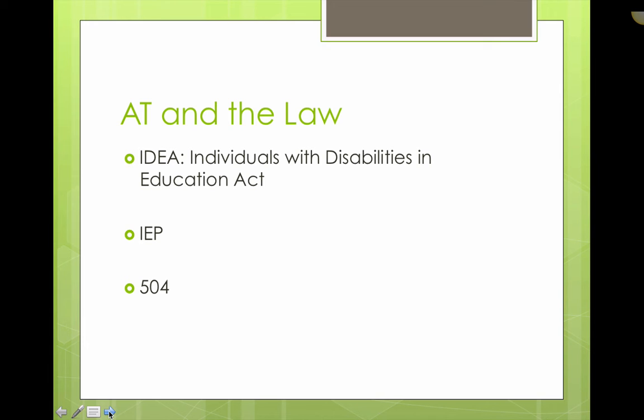What you should know is that an IEP does not follow a student when they go on to college, but a 504 does. So if you have a student who is going to be graduating and attending a college, if they have a 504, those same accommodations that they had in high school would carry over to college. Not so with an IEP. So just keep that in mind. There's not really one is better than another. They're different for different needs and different purposes, but one does follow the student into both college and career.